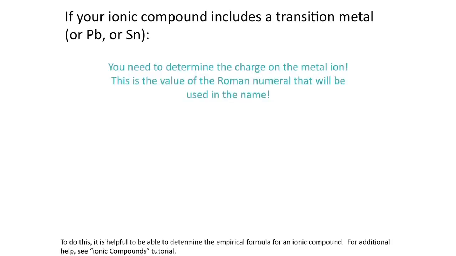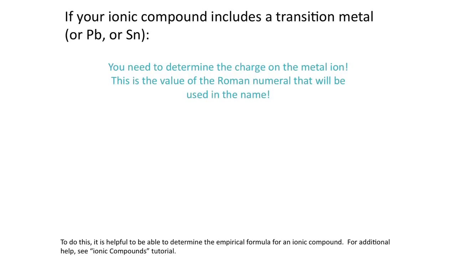For these compounds, you need to determine the charge of the metal ion. Remember that this is the value of the Roman numeral that would be used in the name. A common mistake is that the Roman numeral is used as the number of the metal ions in the formula, but that's not the case.